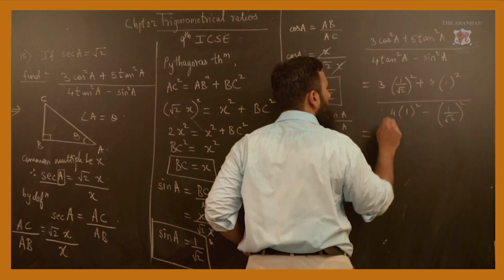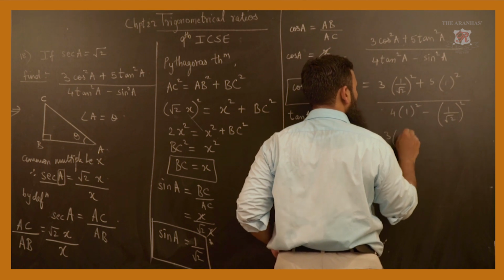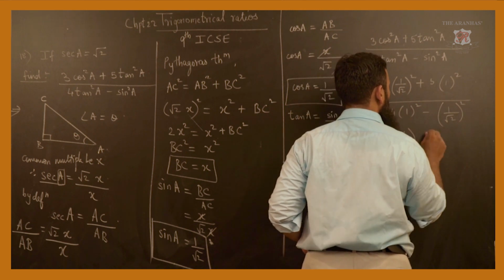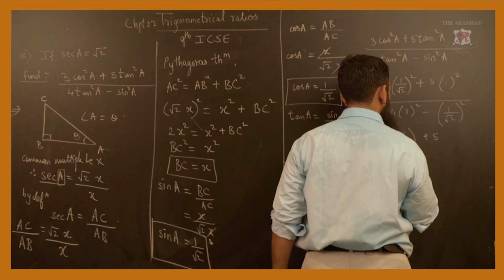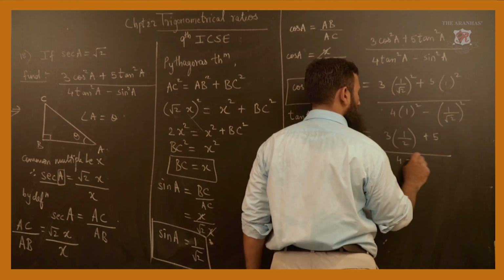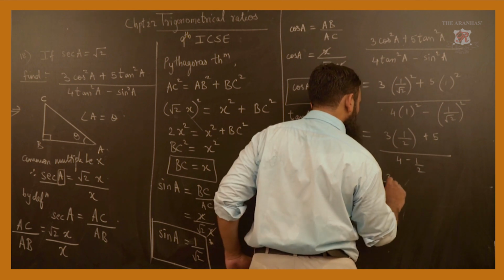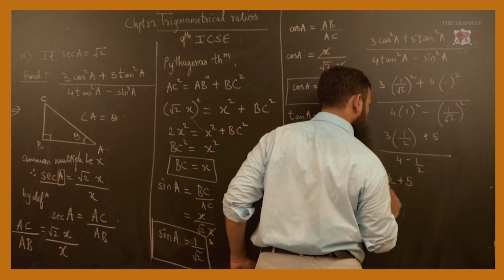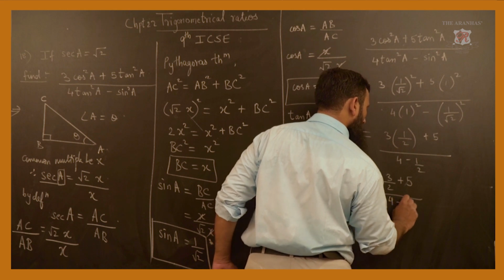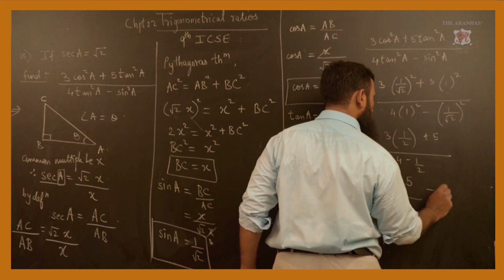Let us solve this further. So this will become 3 into 1 by 2 plus 5, and here it will be 4 minus 1 by 2. So 3 by 2 plus 5 upon 4 minus half.